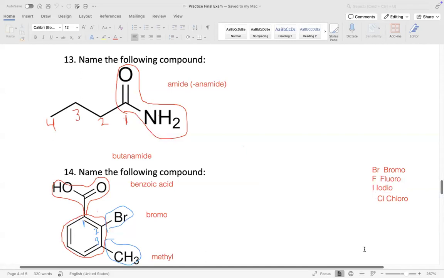So B comes before M. First in the name, I'm going to say 2-bromo, and then 3-methyl benzoic acid. So the full name for this is 2-bromo-3-methylbenzoic acid.